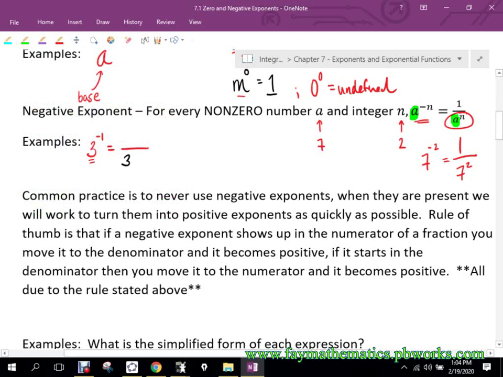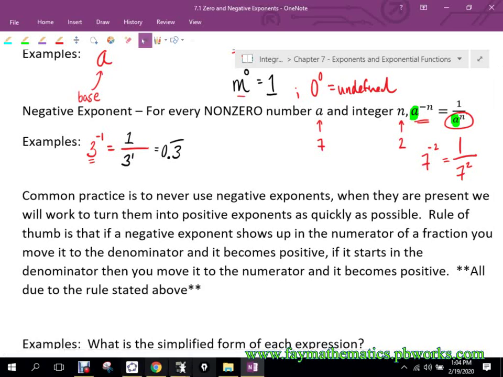And now the exponent becomes positive down there. So instead of -1, it becomes +1, and then the numerator turns into 1. Okay? Now, that leaves you with 1 over 3, right? What's 1 over 3 as a decimal? Yeah, 0.3 repeating, right? Okay?